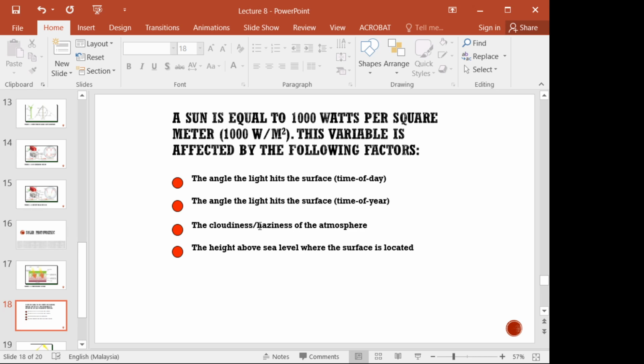When there is a lot of cloud, then the irradiation is not that much, and it is lower than 1000 watts per square meter. And it is also affected by the height above sea level where the surface is located or where the PV is installed.